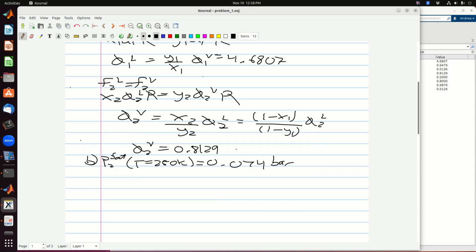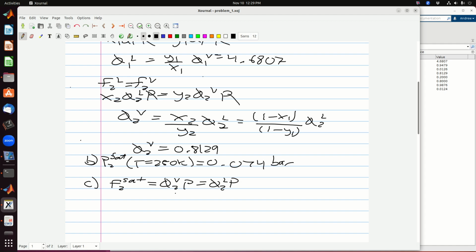I can get that a number of ways, but for C, the easiest way is going to be, I'll call it F2 sat, at a temperature of 250 Kelvin.